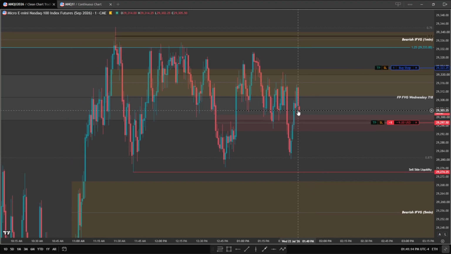I hate that we're closing above that. We need to snap through it. I hate that we filled this in. That was a nice inefficiency.